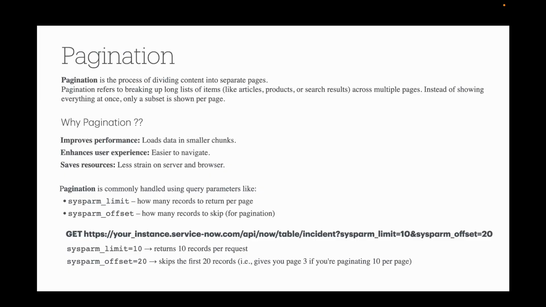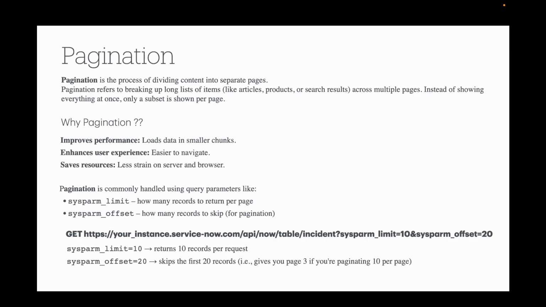If the server sends all the data at once, it will create a lot of load on the server as well as on the browser, plus the response time will go up. This is not a good thing, so that is why we implement pagination.